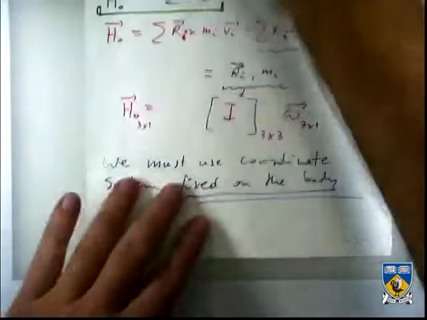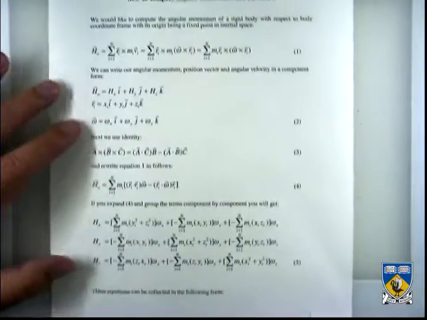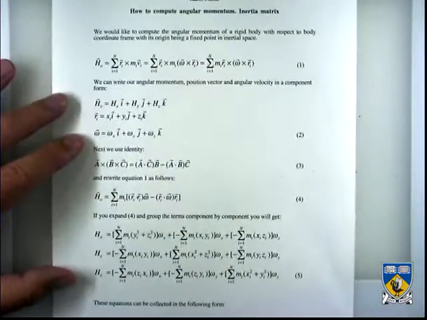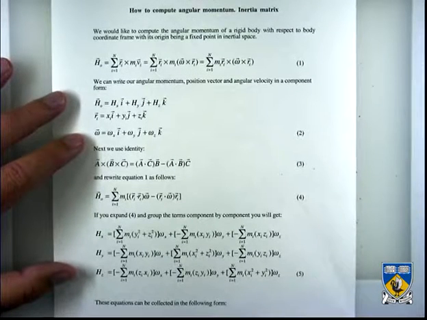So now let us quickly look at how this matrix looks, because of course you have seen this before, just in a slightly different context. So how to compute the inertia matrix?